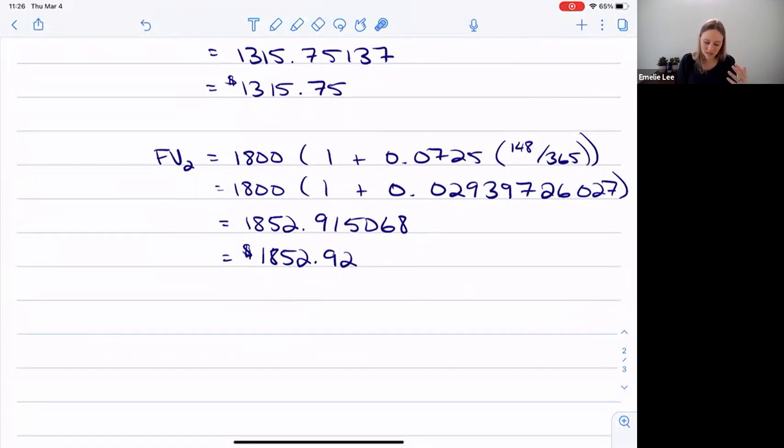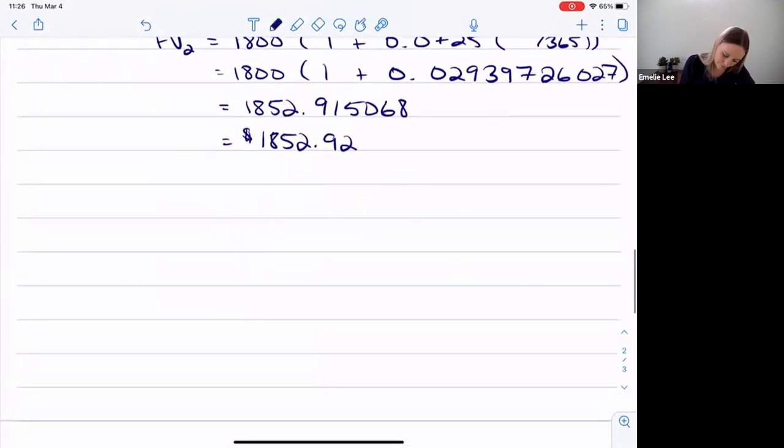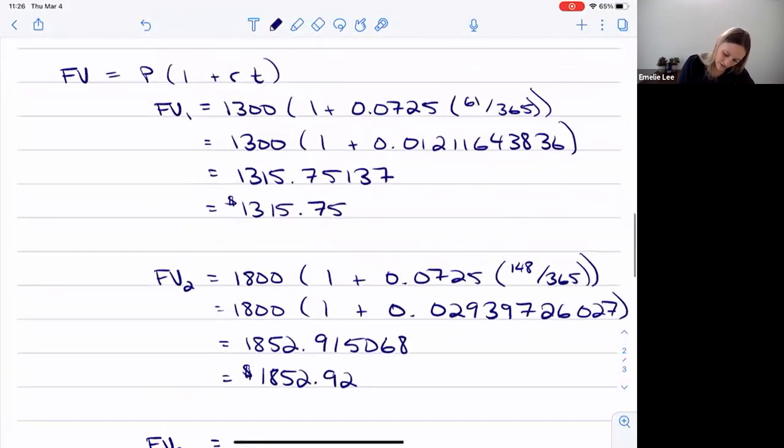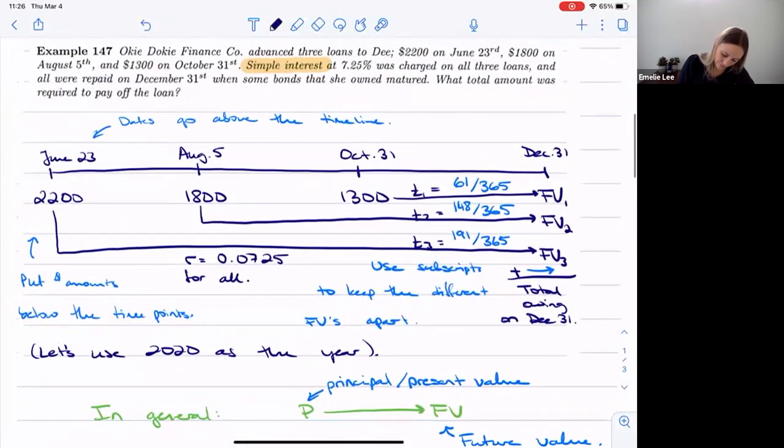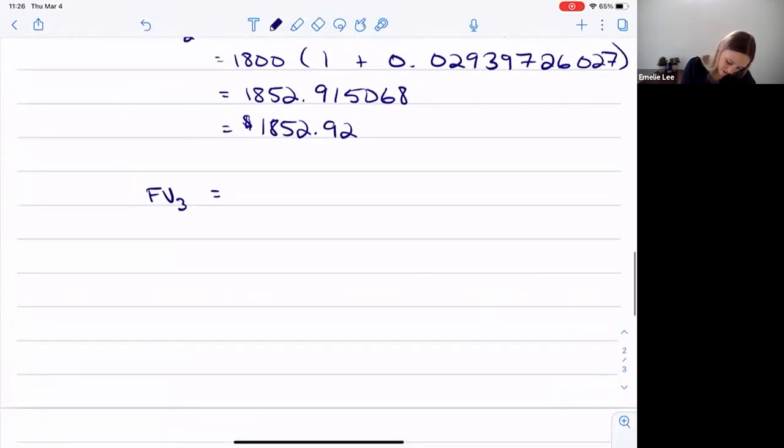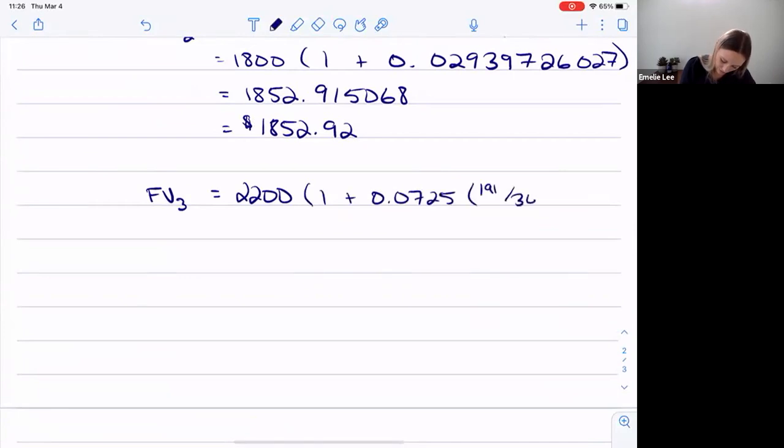So let's do future value 3. We borrowed 2200 for 191 days at a rate of 0.0725. So let's jot that down: 2200 times 1 plus 0.0725 times 191 over 365.